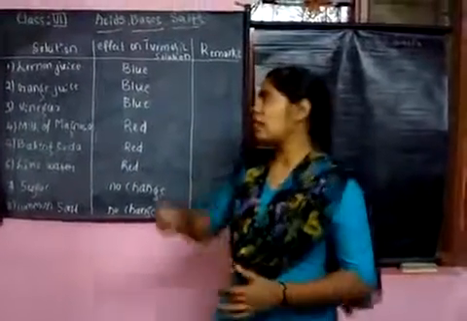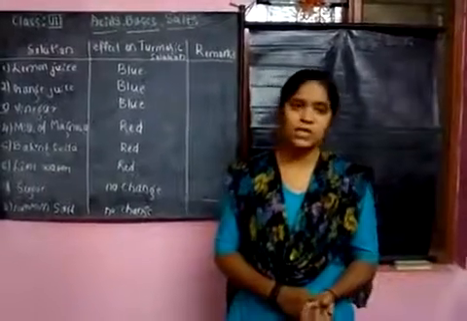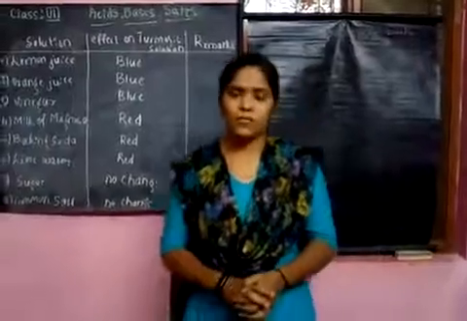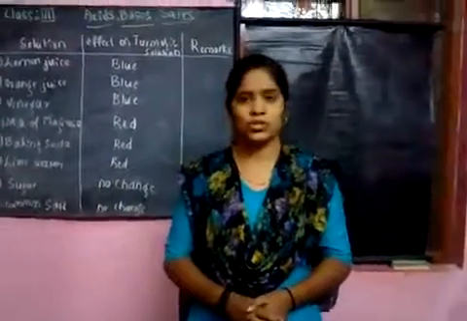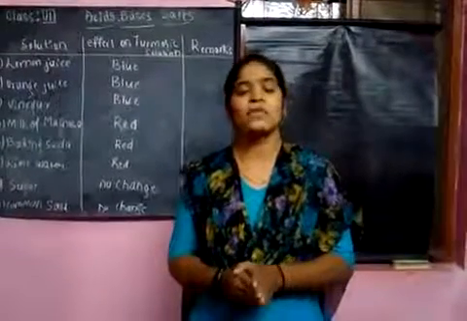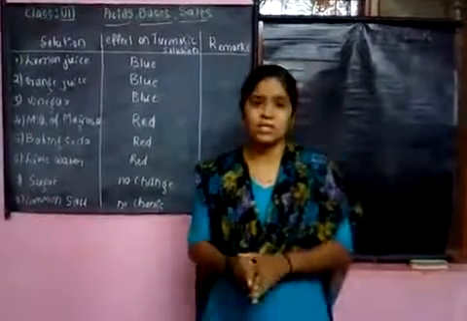So I told you about the naturally occurring indicator, litmus, that is derived from fungus and algae, which is a symbiotic mode of nutrition. This litmus is a product of lichens, which has applications in the medical field and the industrial field also.